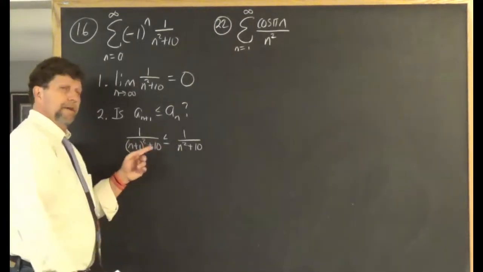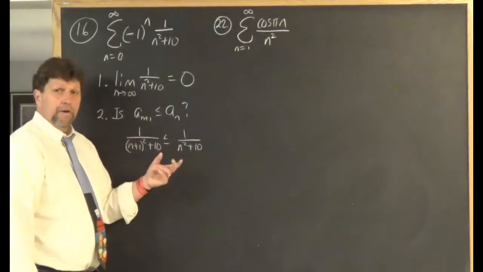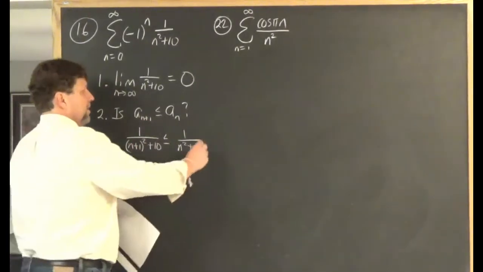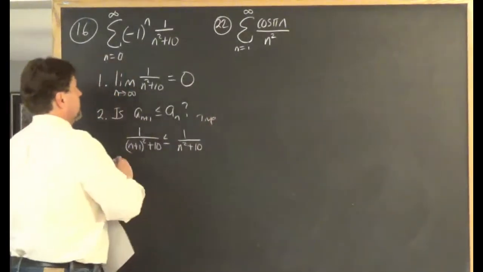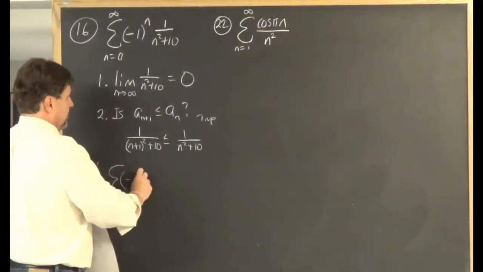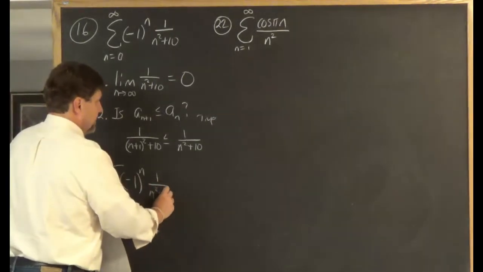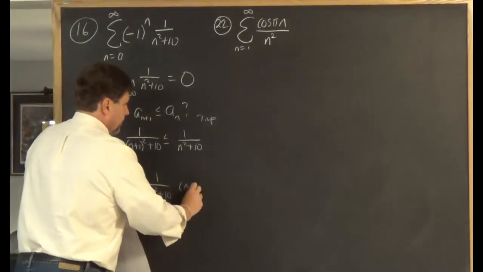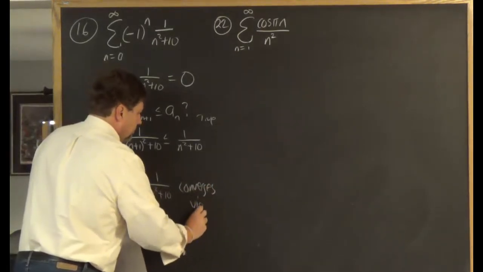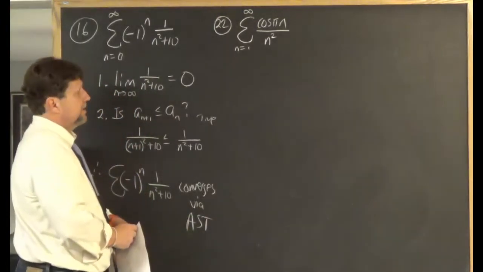This denominator is always going to be larger than this denominator. So this is true. A sub n plus 1 is less than or equal to a sub n. So that tells us that the alternating series, negative 1 to the n times 1 over n squared plus 10, converges thanks to the alternating series test.